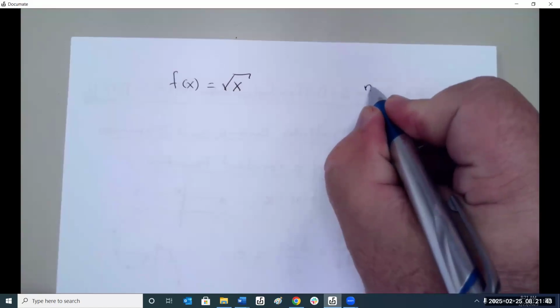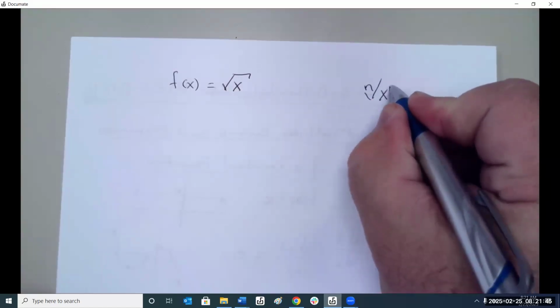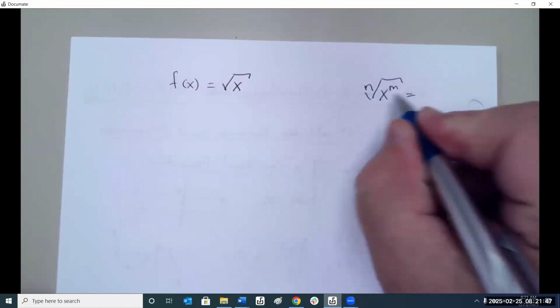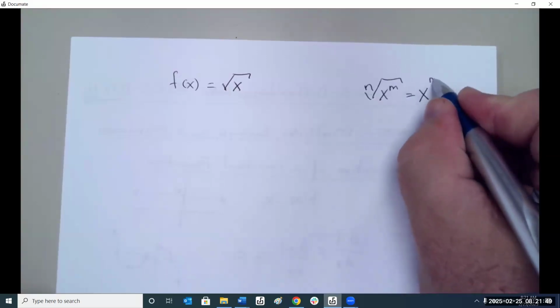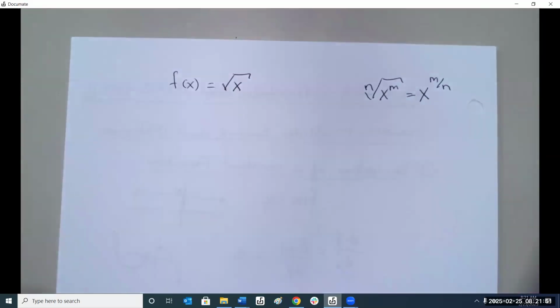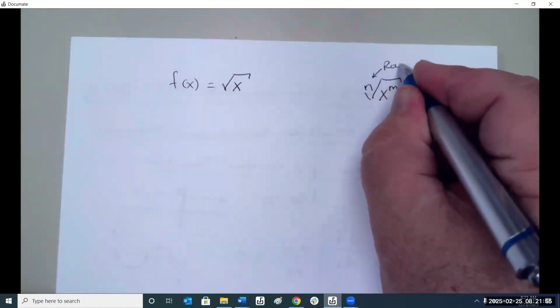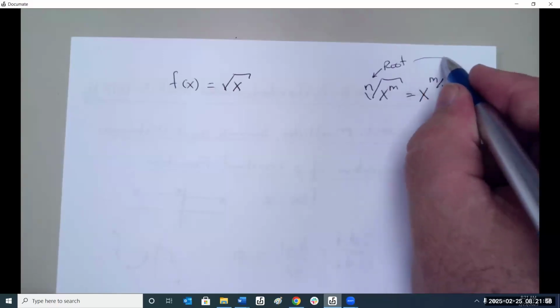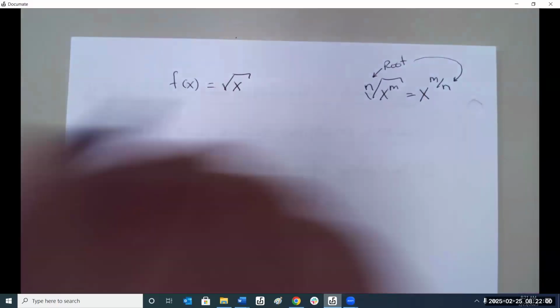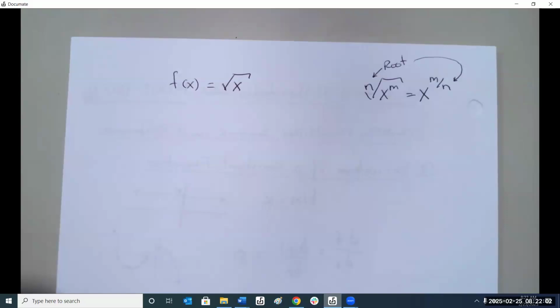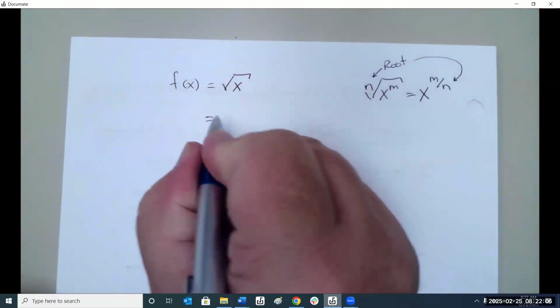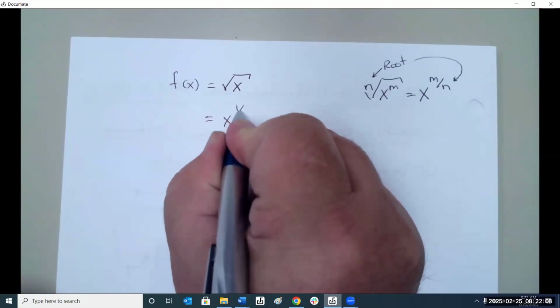There's a rule, a property, that we can convert radicals into exponents. This number is called the root. And whenever you convert it to exponents, it's always on the bottom. So with this equation, we can convert it to 1/2.